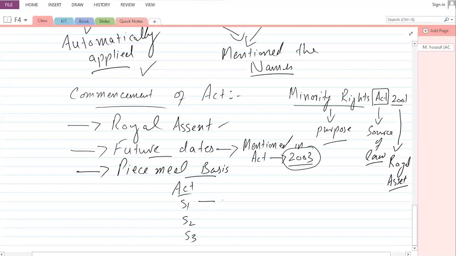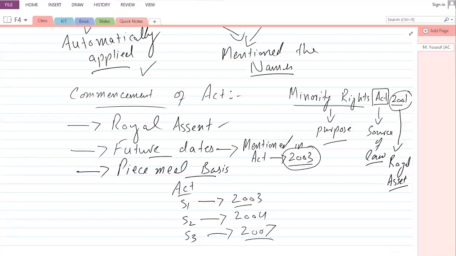So section 1 is going to be enforced in 2003, whereas royal assent is provided in 2001. But section 1 will be enforced in 2003, section 2 will be enforced in 2004, and section 3 will be enforced in 2007. So this is called piecemeal basis. So we enforce sections in different years.